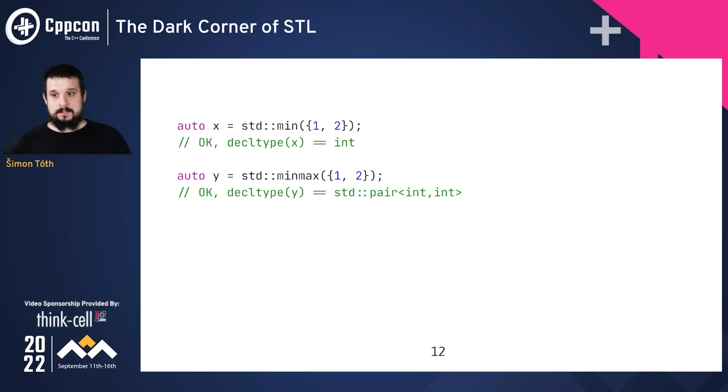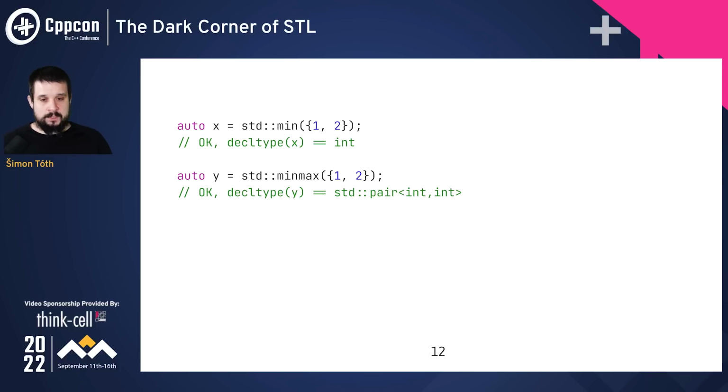And yes, indeed, if we use these variants, we get rid of the issue completely. And it's simply because these functions return by value. Now the deduced type will be int or pair of ints, and we don't have any dangling references anymore. So, sounds good.